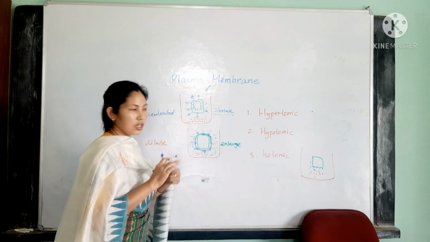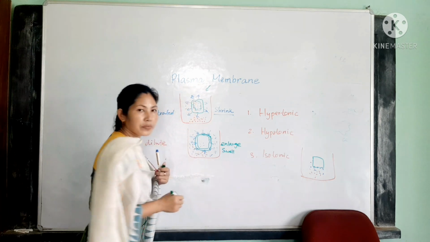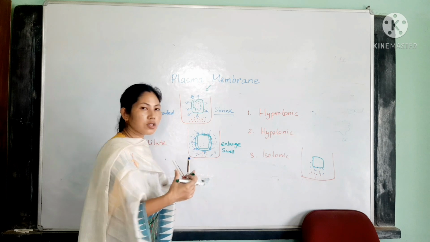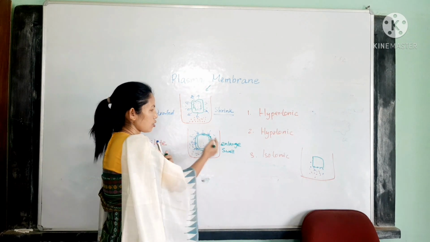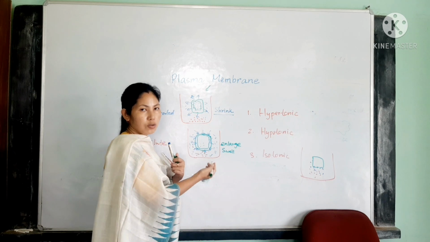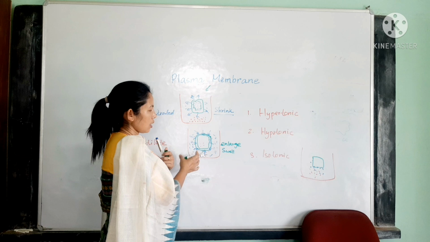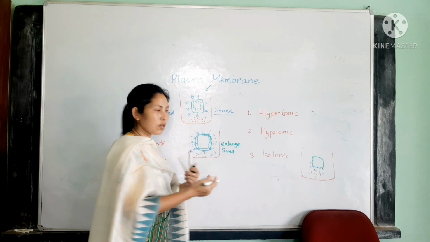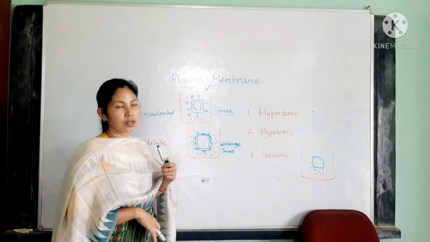It will enlarge or swell up because it will gain water by the process of osmosis, as the solution is dilute, a hypotonic solution. So that is our second condition, right?